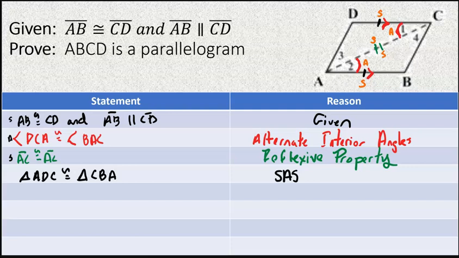The way I'm going to do that is I have to find another set of alternate interior angles. Once again, after I have proven that my triangles are congruent, I'm going to use my tools to prove that these lines are parallel. And I want to prove that AD and BC are parallel.